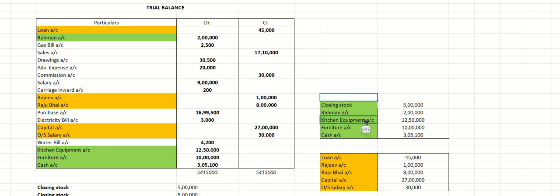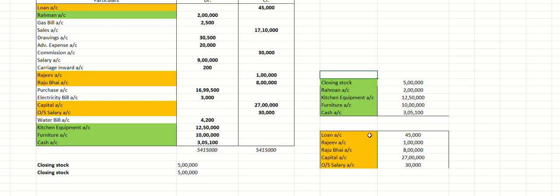The terms in green are assets, and what we see in this color are our liabilities. Before writing them in our balance sheet, we need to know two things. One thing is that closing stock is an asset because it remains in the business even after 1 year. So closing stock is always an asset of the business.